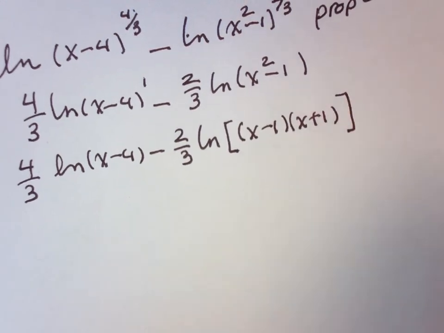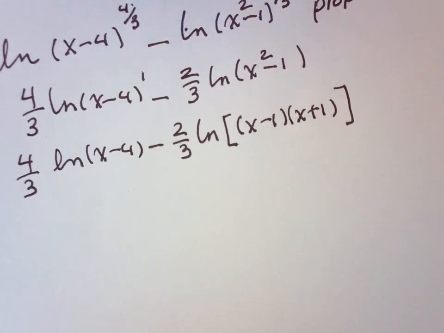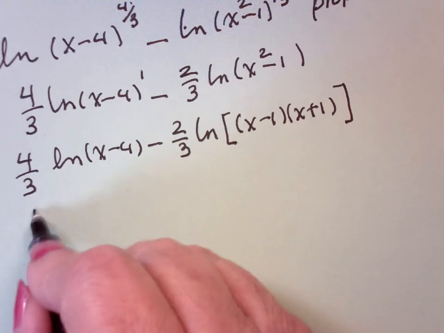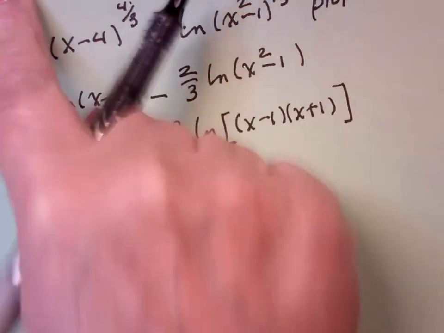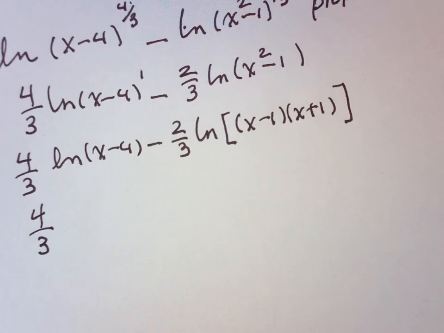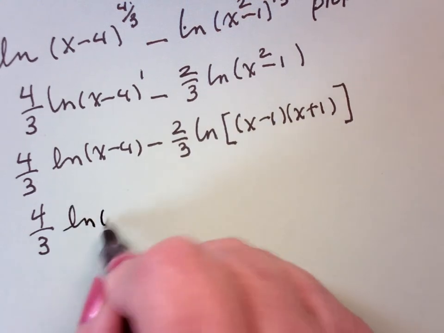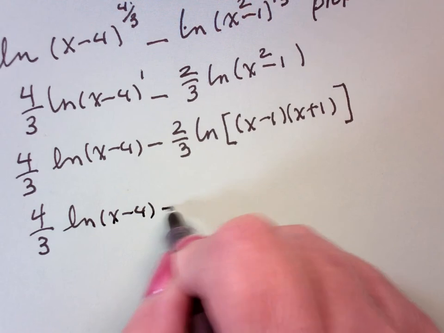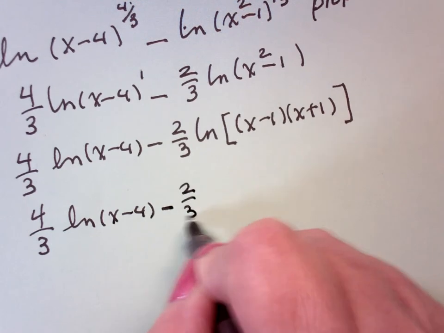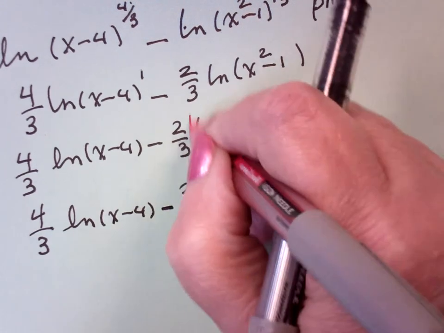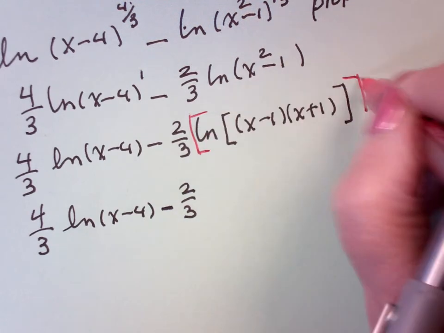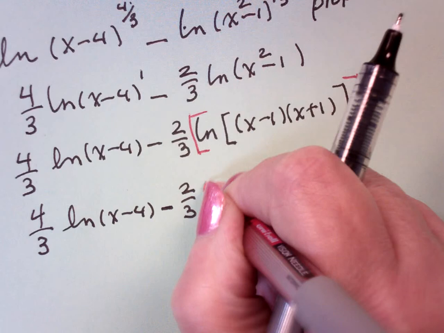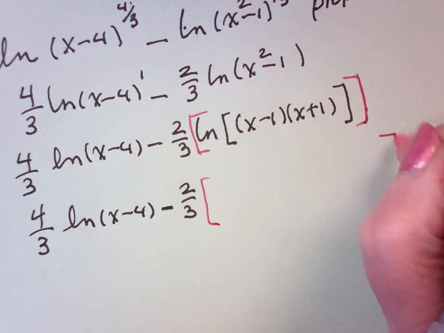Now this is a product, and a product turns into a sum. And here's where you have to be so careful. I would have had to been just this careful too if I brought the 2/3 down in front. This is a natural log of x minus 4 minus 2/3. This guy right here will break into two pieces.